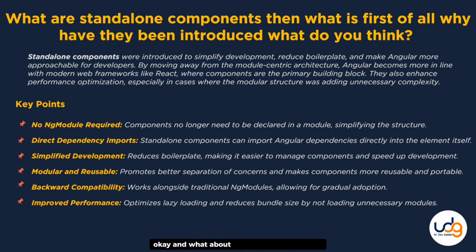And what about routing? In the case of modules, we use RouterModule.forRoot, which will add it there. But with standalone components there won't be any modules. When we create the latest version of Angular like 18 or 17, along with the main.ts file, there is one more config file that gets created.